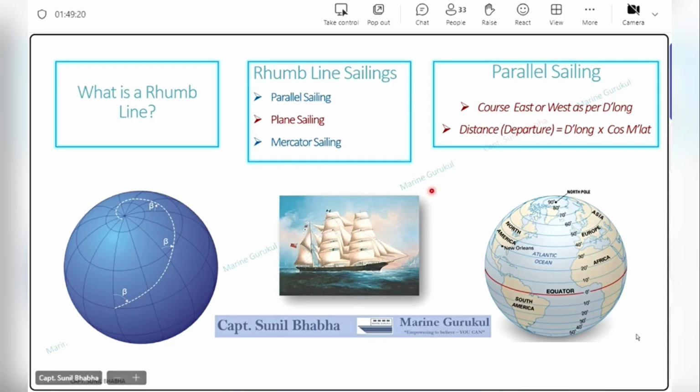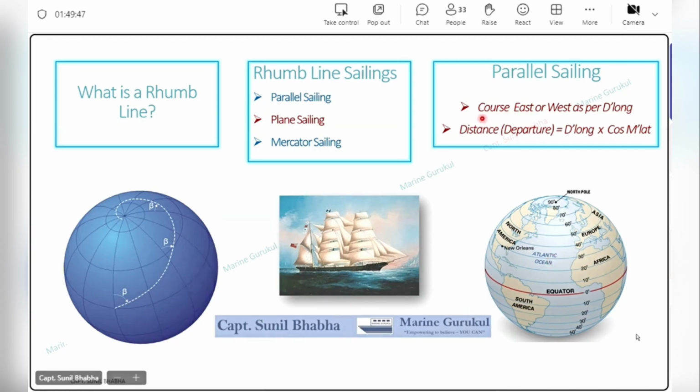Parallel sailing means when the vessel is moving along the parallel of a latitude, or you can say when the vessel is moving parallel to the equator. Now obviously, when the vessel is moving on the parallel of a latitude, the course of the ship can only be east or west.